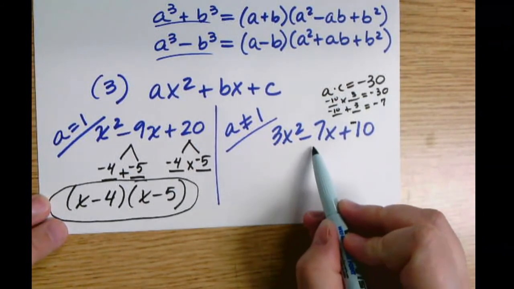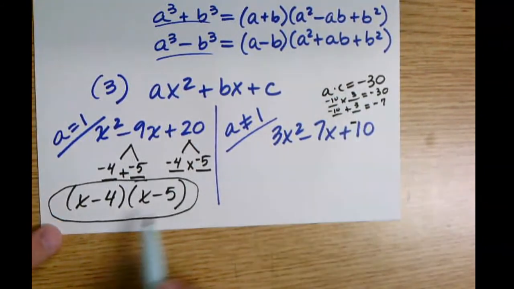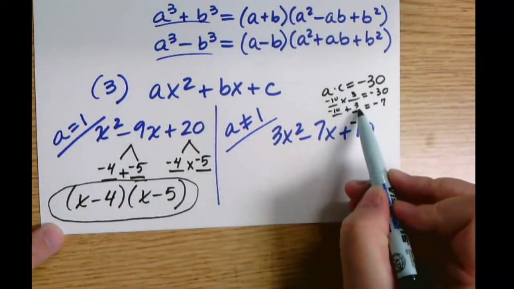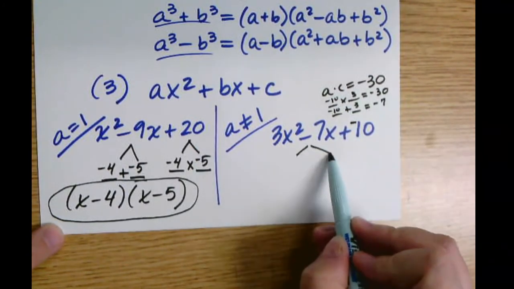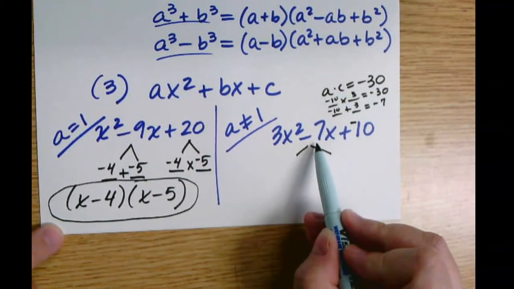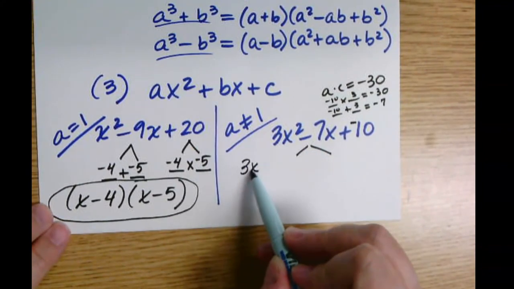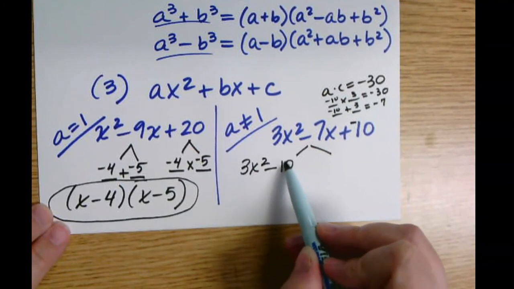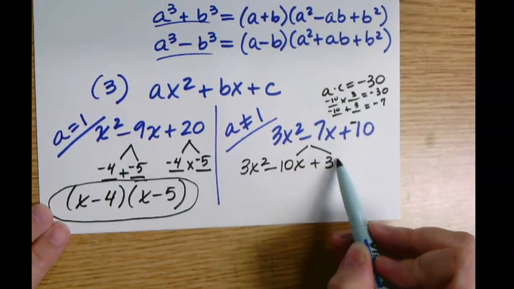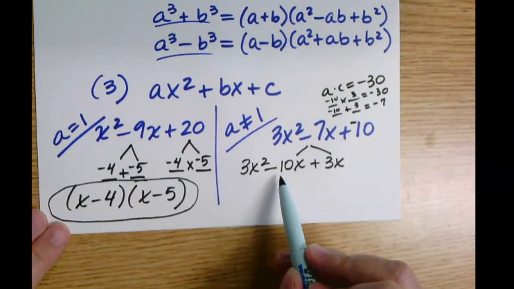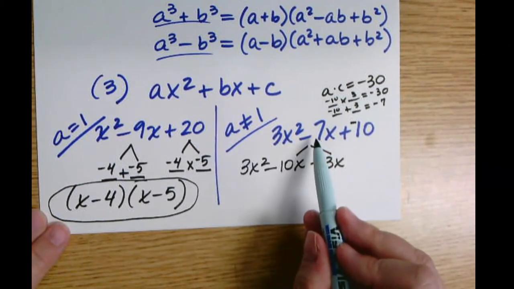And so what I'm going to do now, I take those 2 numbers, and I'm not ready to just jump to the end like I was in the last one. Now I have to take those 2 numbers and split up the middle term into those 2 numbers. Instead of -7x, I'm going to have -10x plus 3x, which together does add up to -7x.